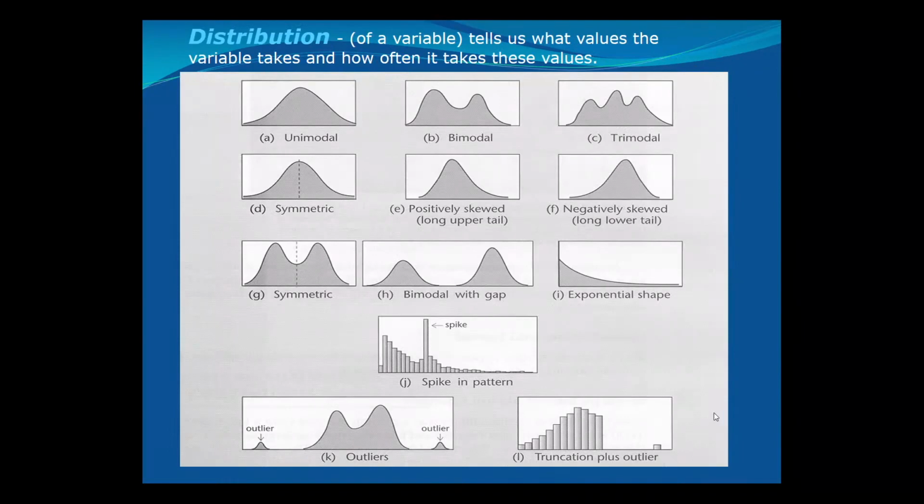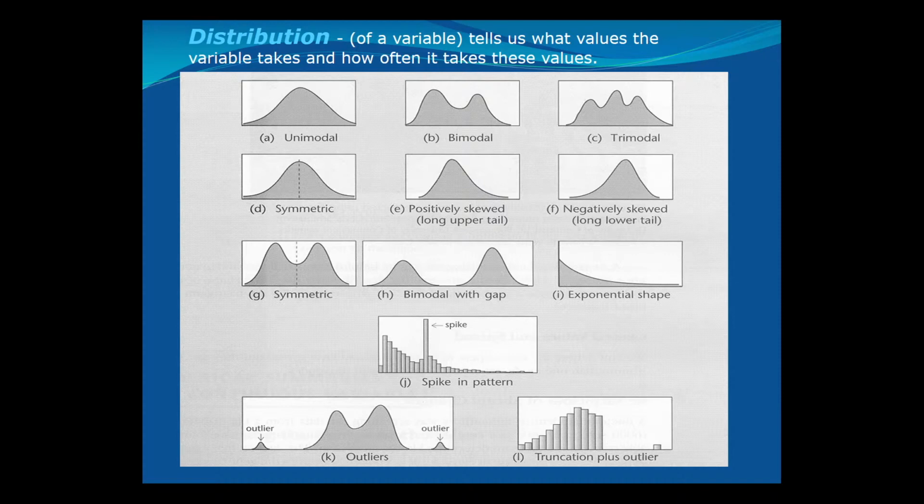On this graph, you see different types of distribution of a variable. Look at the top level. You see the distribution at graph A with one peak. It is called unimodal.